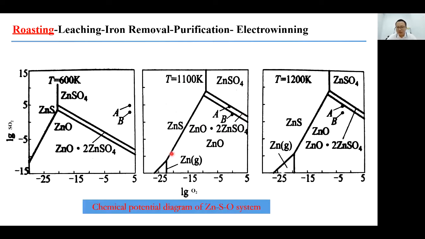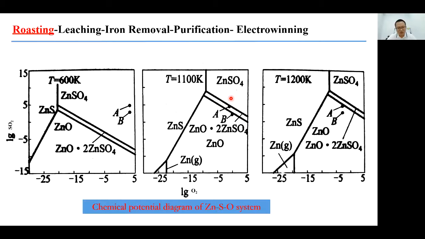And there should be a discussion here. If we can convert zinc sulfide into zinc sulfate, this is durable, and zinc sulfate can be directly leached with water. After that, electrical winning can be used in recovering the zinc.